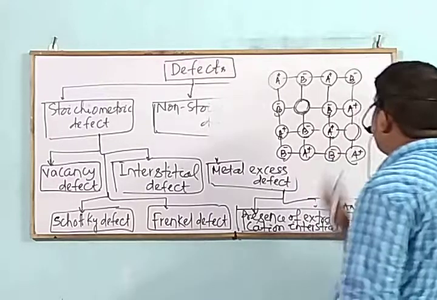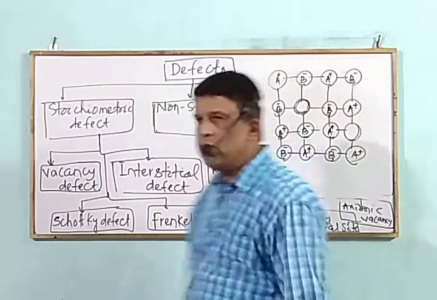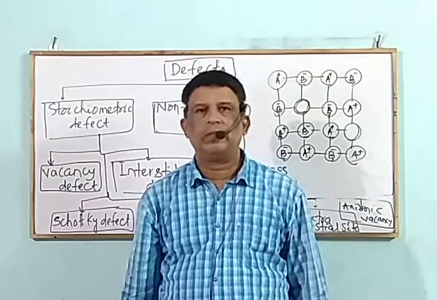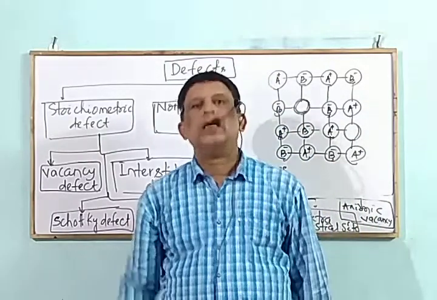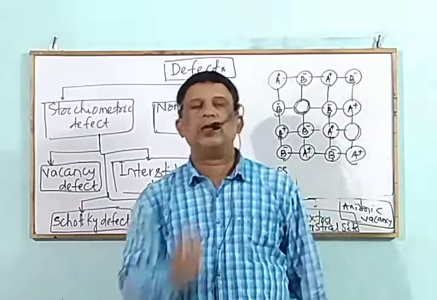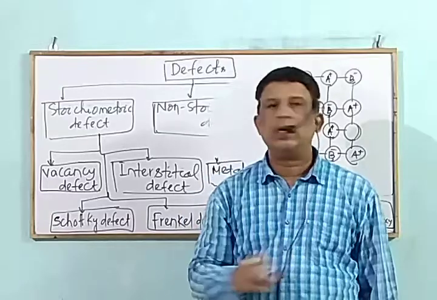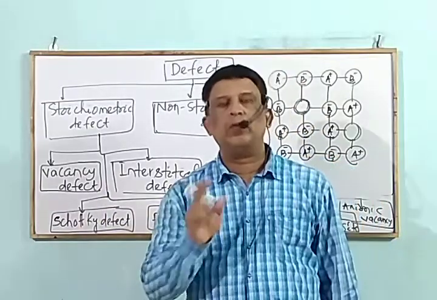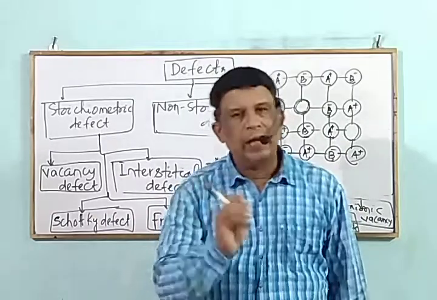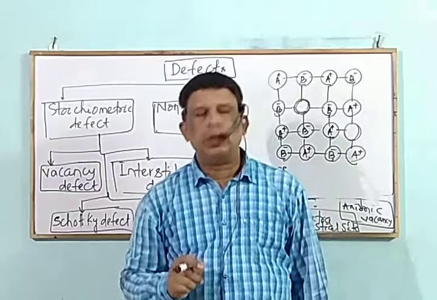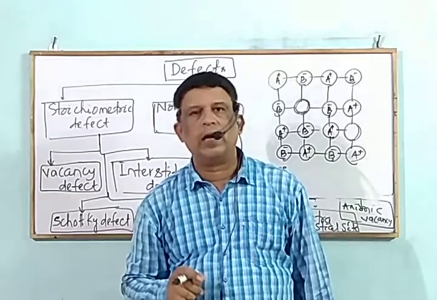A pair of cation and anion is missing, as a result of which it maintains the electrical neutrality. And as the cation and anion are missing, it decreases the density. The most important condition is that this type of defect is shown by ionic compounds which possess high coordination number, and there is a small difference between the size of cation and anion.